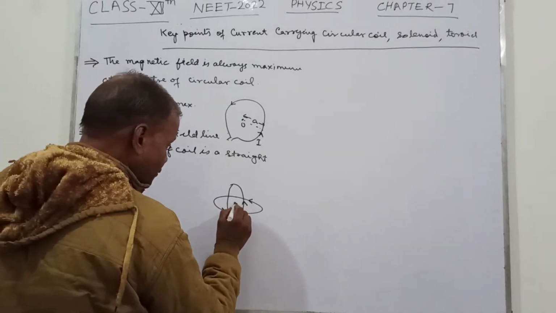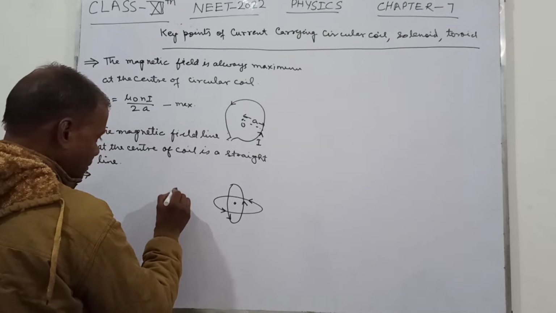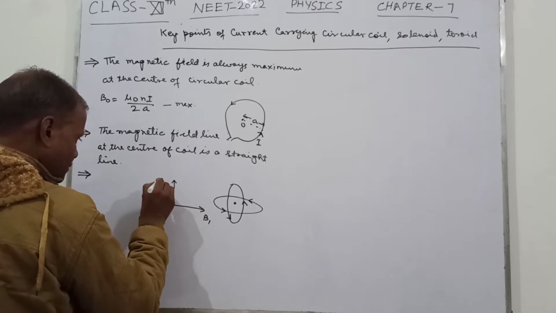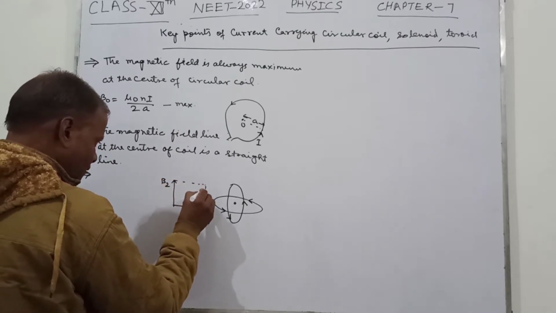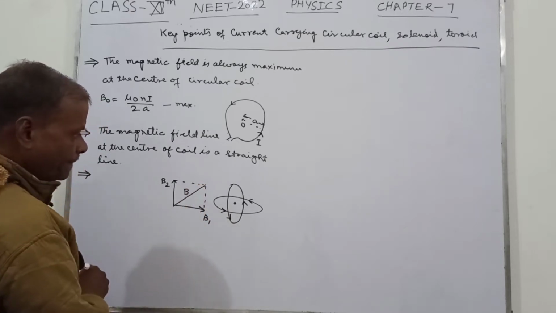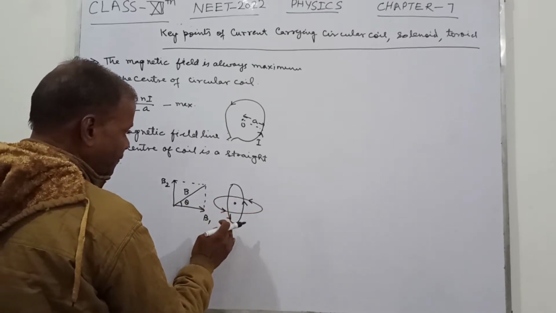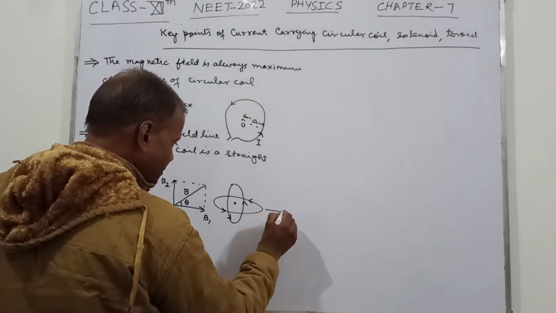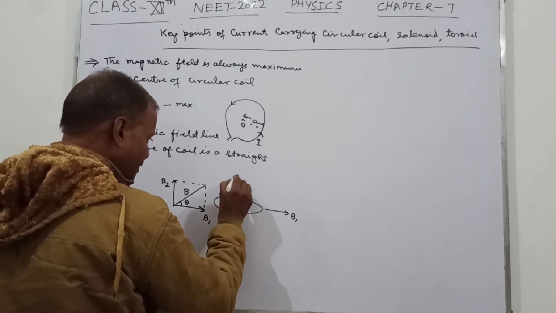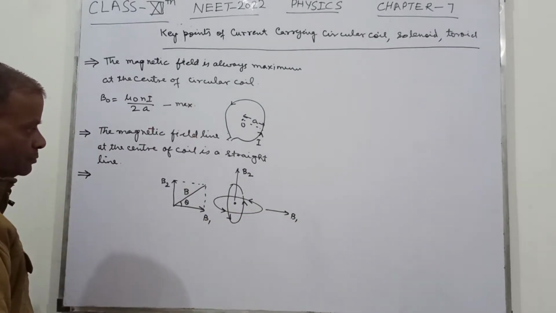The magnetic field of this coil will be in this direction, this is B1, and because of the other coil, the magnetic field will be in this direction, B2.